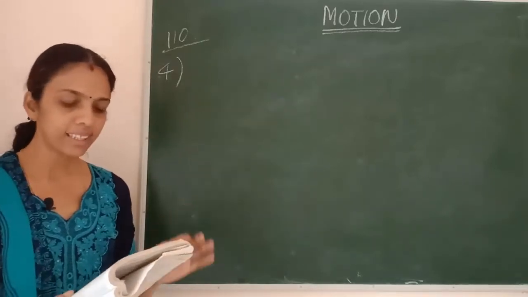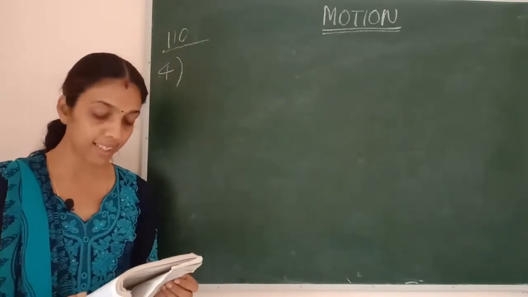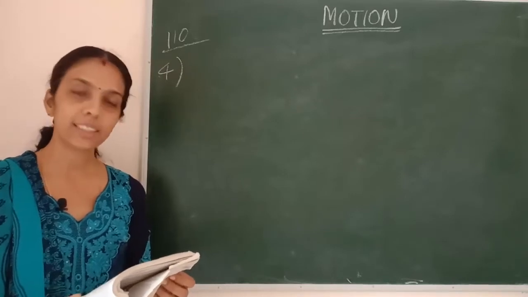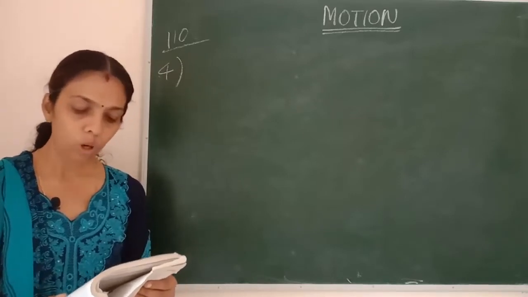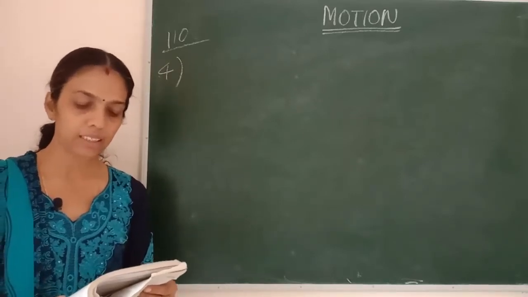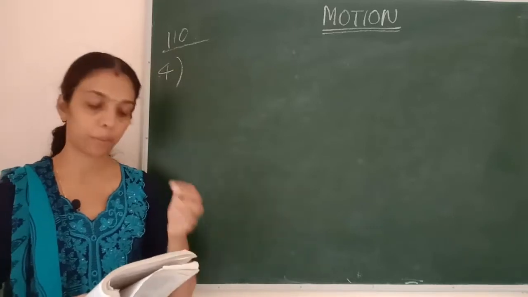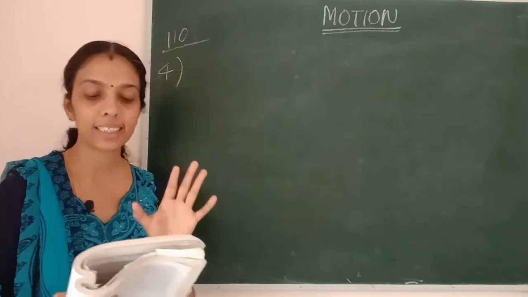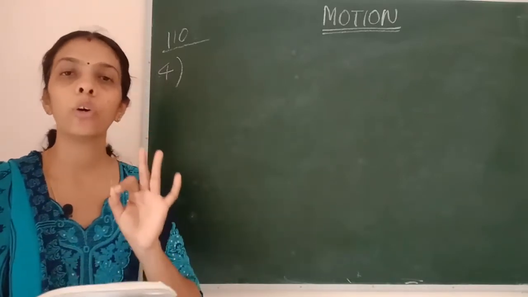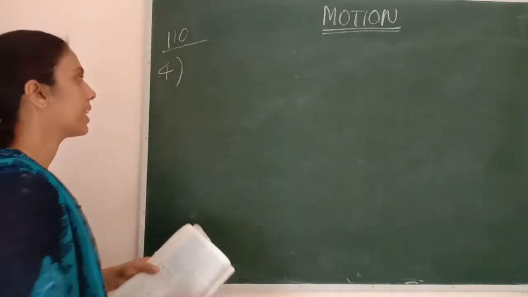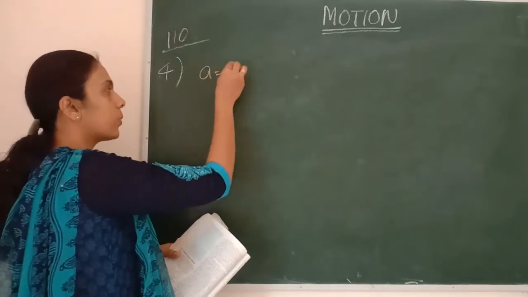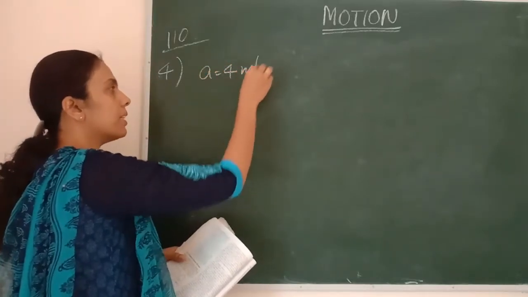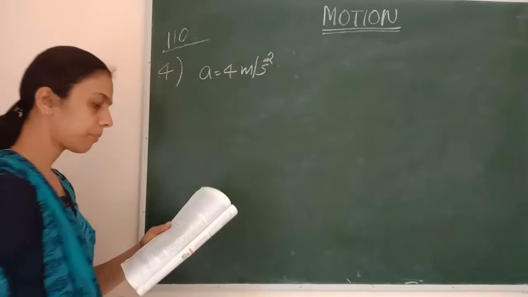A racing car has a uniform acceleration of 4 meter per second square. What distance will it cover in 10 seconds after start? So, a racing car has a uniform acceleration of 4 meter per second square. That means acceleration equals 4 meter per second square.